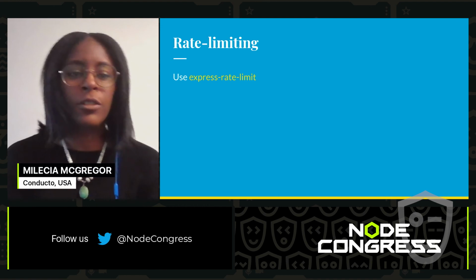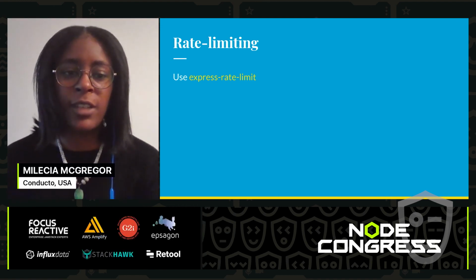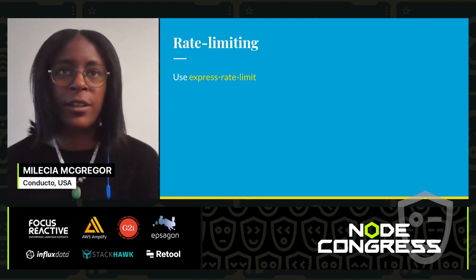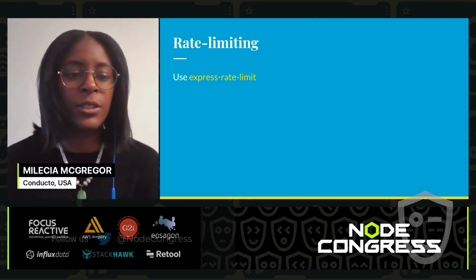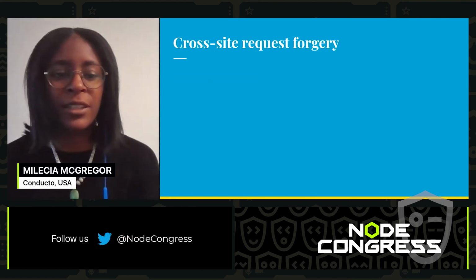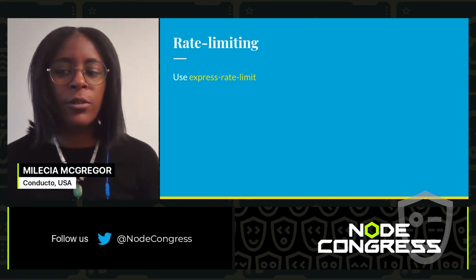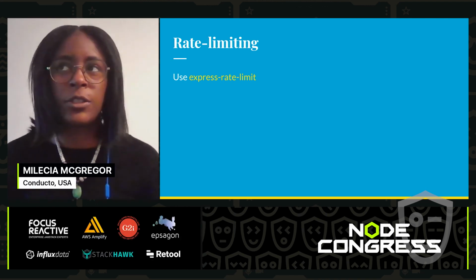And then do some rate limiting. This will help handle those DDoS attacks and anything else that could crash your server just by having some kind of looping in it. So one of the ways to do this is with the express rate limit package, and it just makes sure that only a certain number of requests are allowed through during a set amount of time.